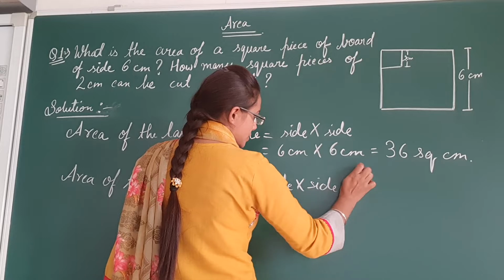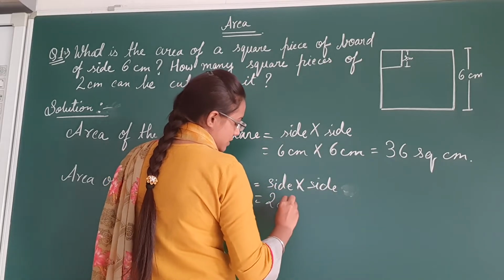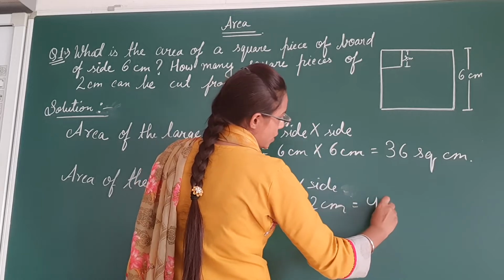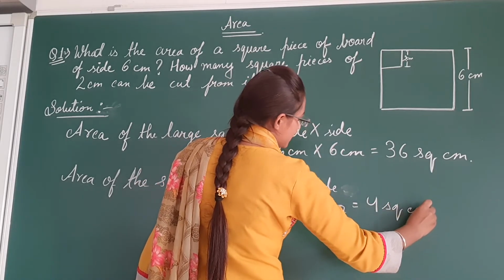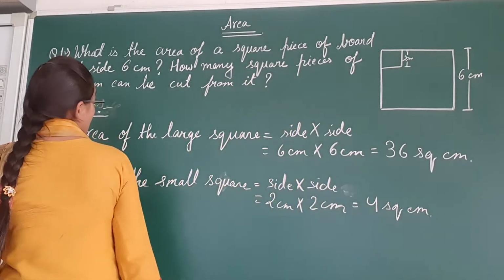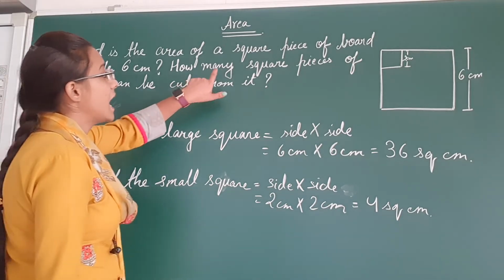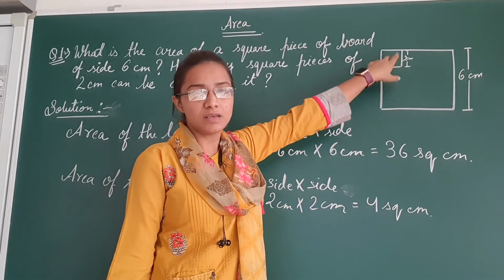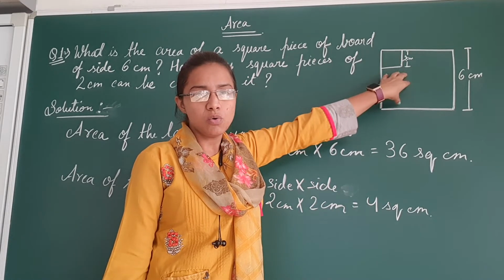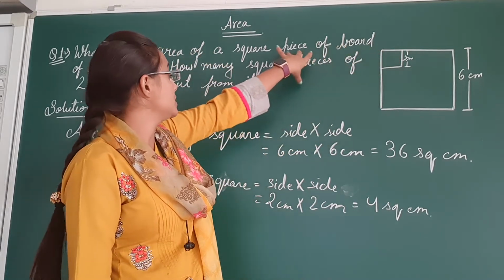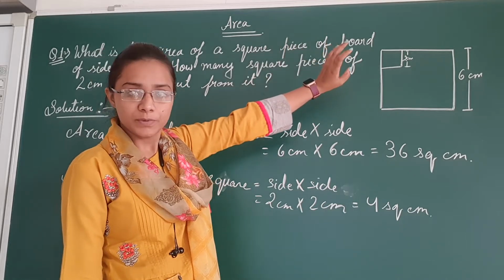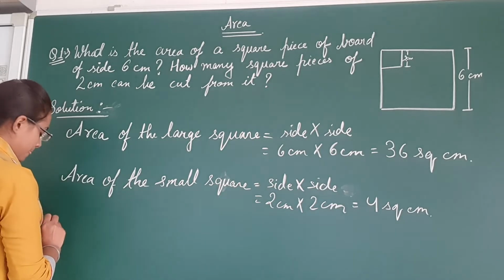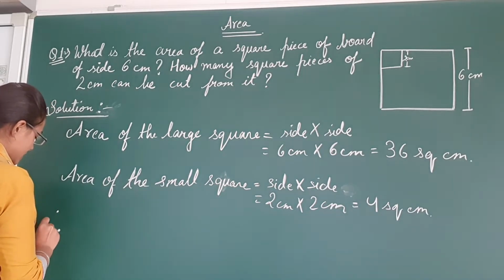So 2 centimeter into 2 centimeter is equal to 4 square centimeter. Now what we have to find out is how many square pieces like this you can take out from this whole square piece of board. For this, you have to find out the number of squares.